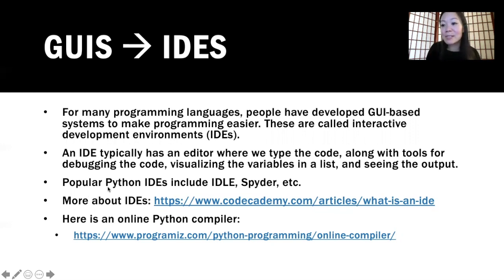For Python, since that's what we're going to be using, there are a few different IDEs that are popular, but there's probably, I would guess, 100. There are so many because people have different preferences when they program. Some people like the layout of Spyder, and other people like the way that certain commands are highlighted in different colors. Or they just use different ones because that's what they are familiar with.